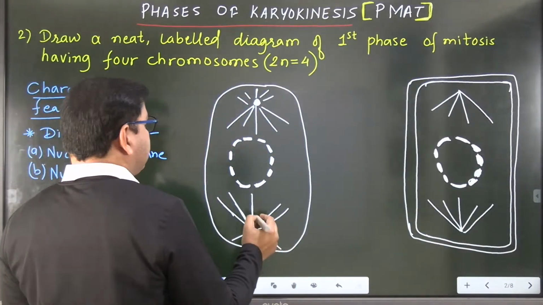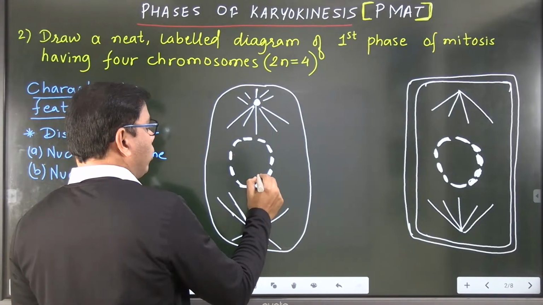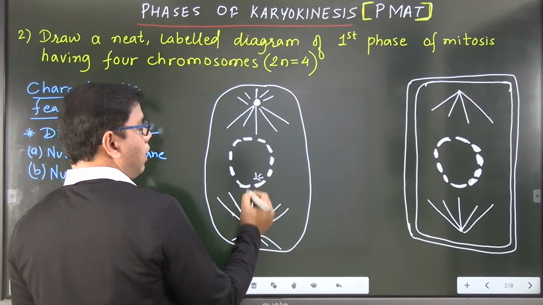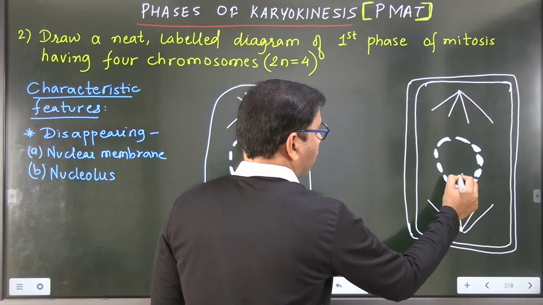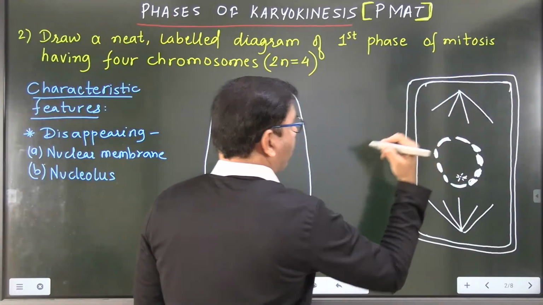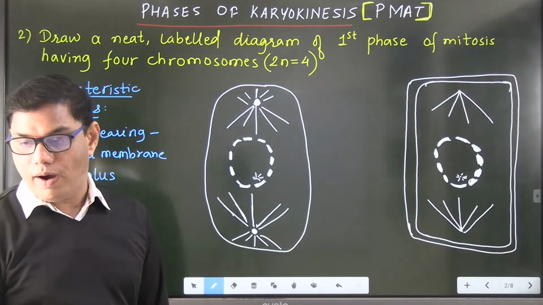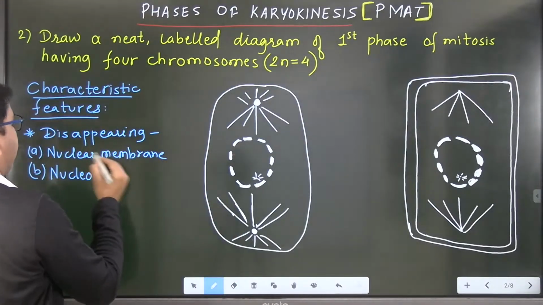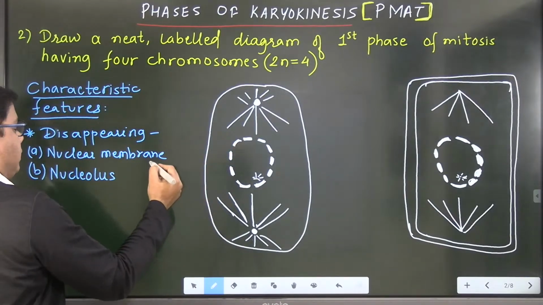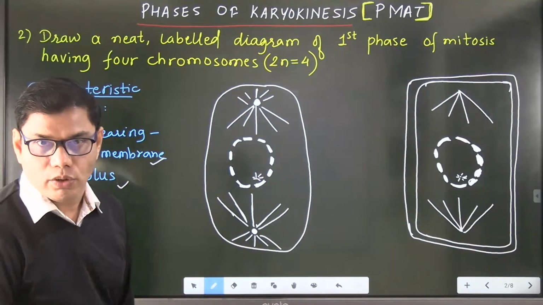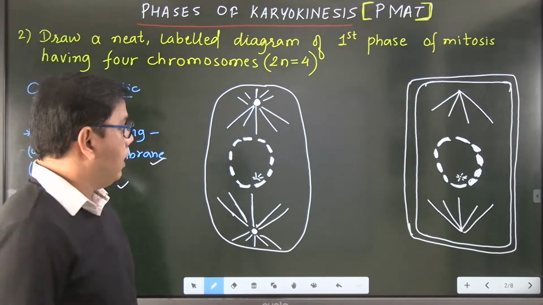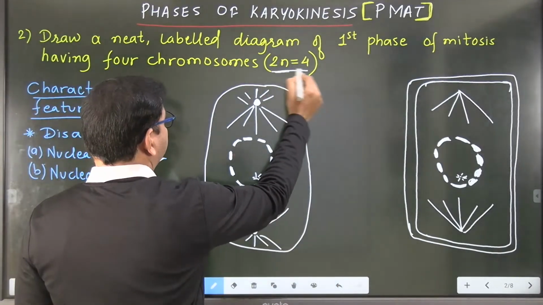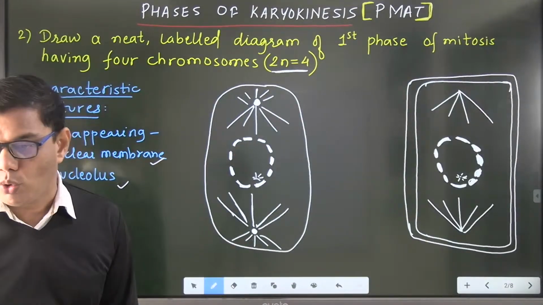And the disappearing nucleolus. For the nucleolus, you will draw something like this. The nucleolus is disintegrating. So these are the two characteristic features: the nuclear membrane disappearing and the nucleolus also disappearing. Then we have to draw, as we have decided, 4 chromosomes.